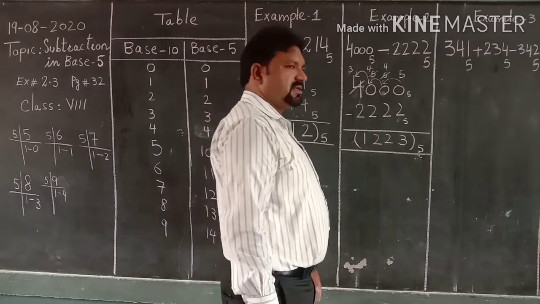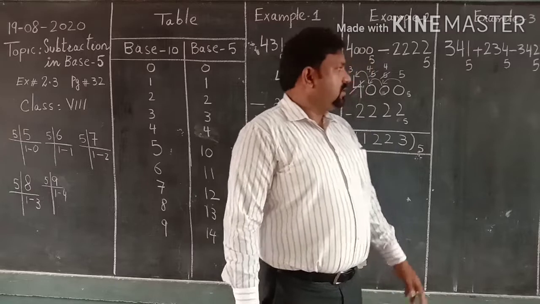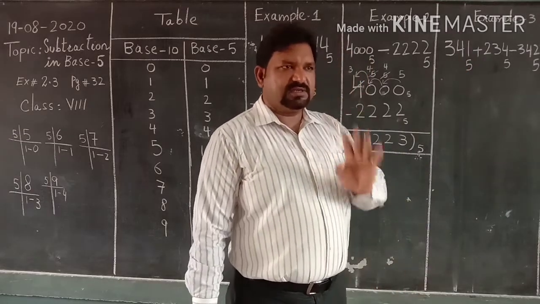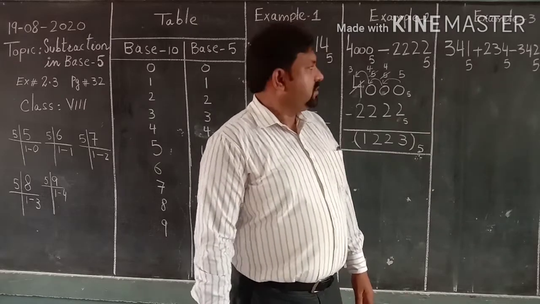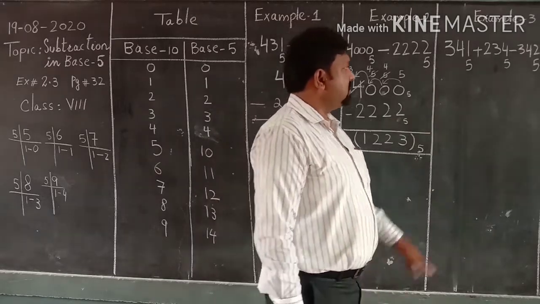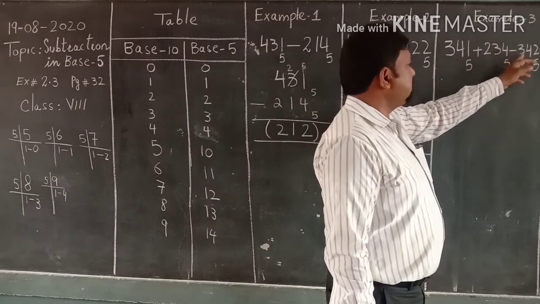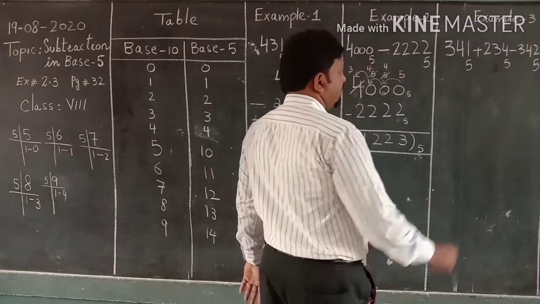So students, now we will solve example 3. In this question there are 3 numbers, but with different signs: 341 plus 234 minus 345.